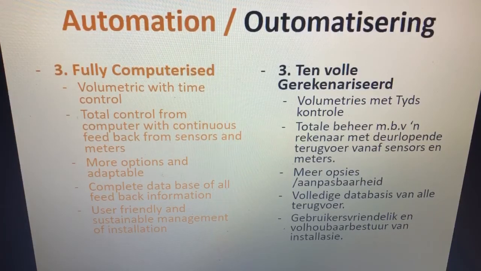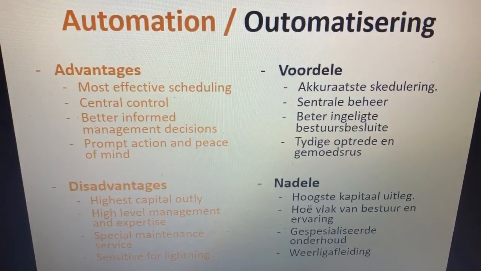So it's a very handy thing to have, but as you'll see at the disadvantages, it's extremely expensive. So the highest capital outlay, high level of management and expertise, special service maintenance, and sensitive for lighting.